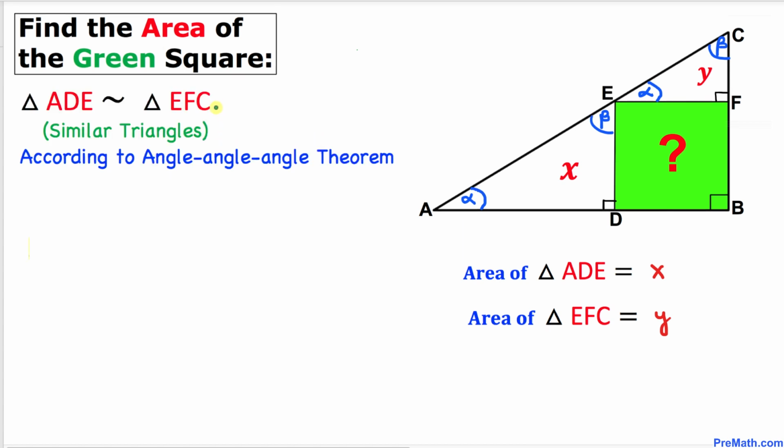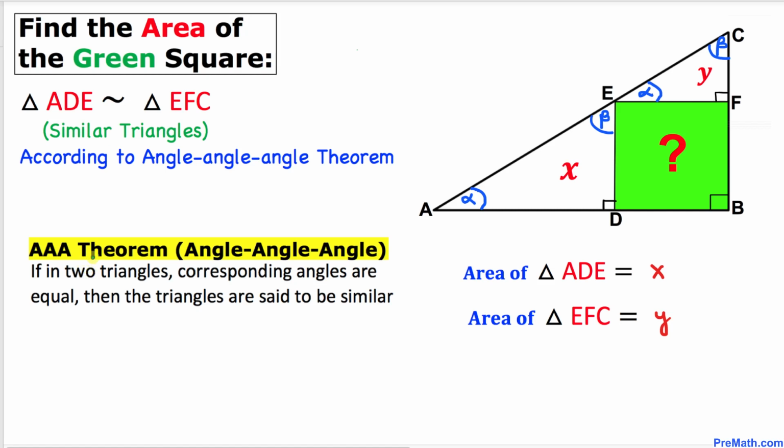Therefore, we conclude that triangle ADE and triangle EFC are similar triangles according to the angle-angle theorem. Here's our angle-angle theorem: if in two triangles corresponding angles are equal, then the triangles are said to be similar.